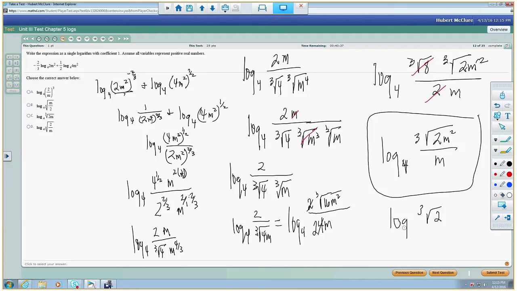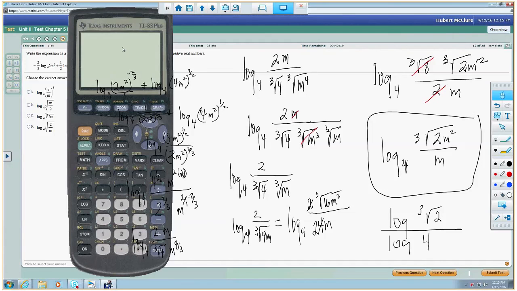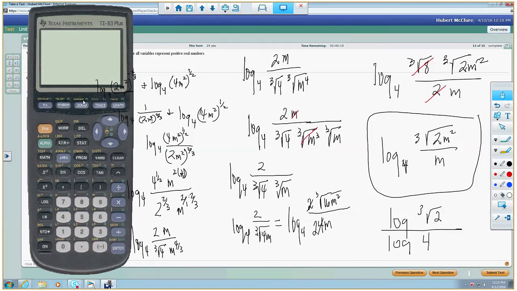over log of 4. Somebody take the calculator out and raise 2 to the 1/3 power. Take the log of it. I'll do it. Some of y'all don't know what I did. I plugged in 1. I picked a number, and I'm going to see if we can get the same answer as over here, because they just have it written different.